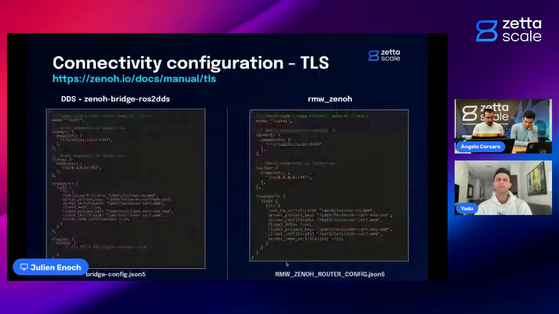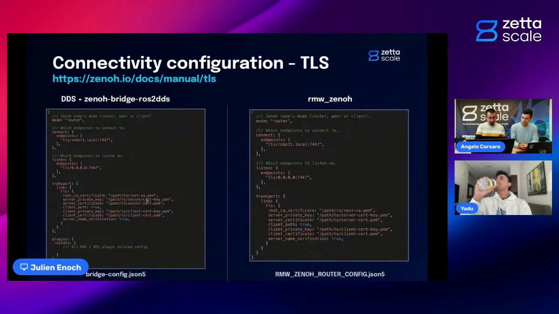Another example of configuration is TLS. Zenoh supports TLS, server authentication but also mutual authentication. Here we have a full description of the connection. Of course, you need to generate some certificates, a root certificate and a server certificate with a server private key. If you want to enable mutual authentication, you configure client auth to true, and then you also need to provide a client certificate and client private key.